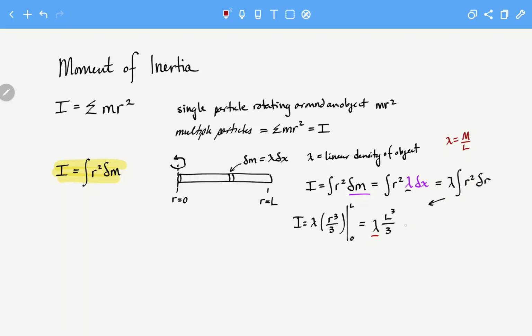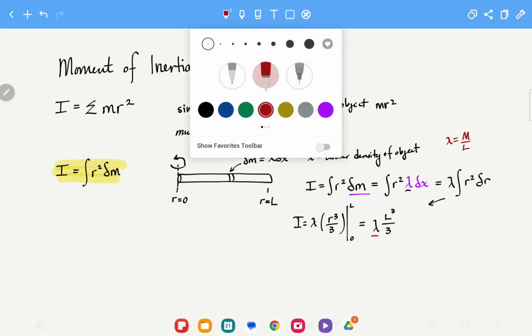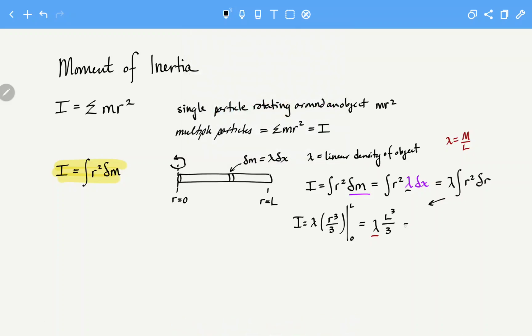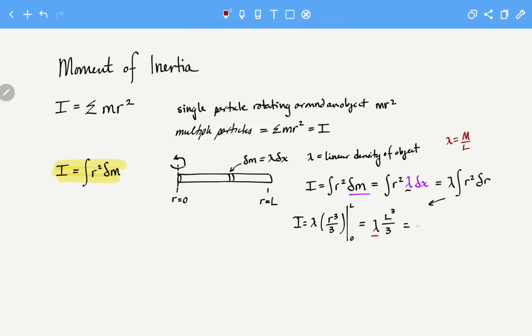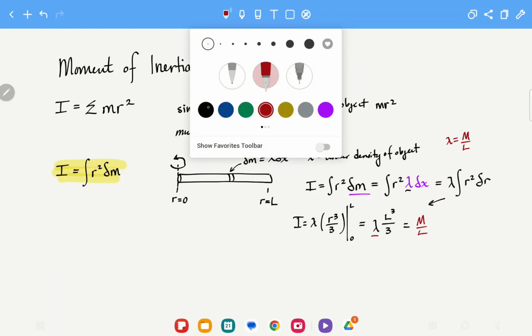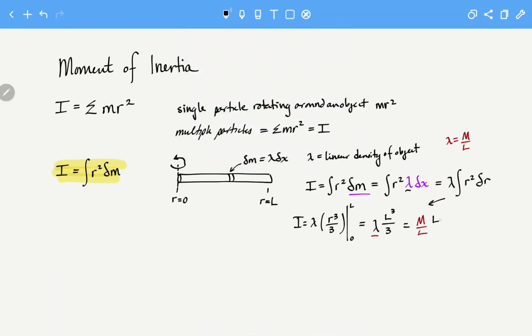So I can replace this with my cute little color change here. Mass divided by length times length cubed over 3. And now I can simplify this because my 3 is going to become a 2. That L dies.